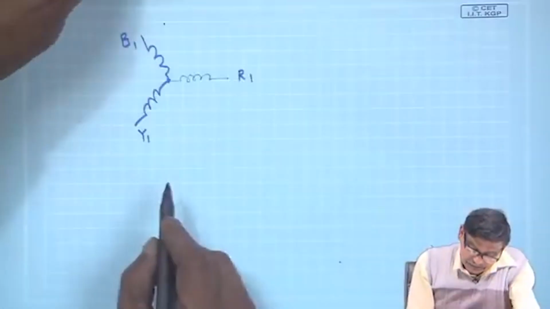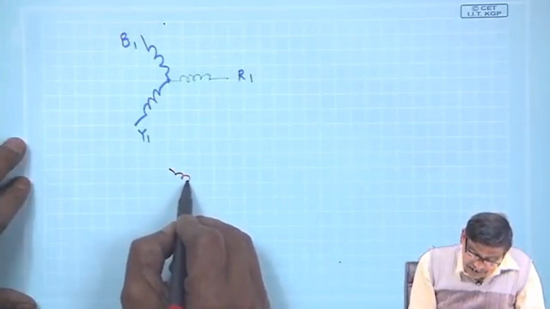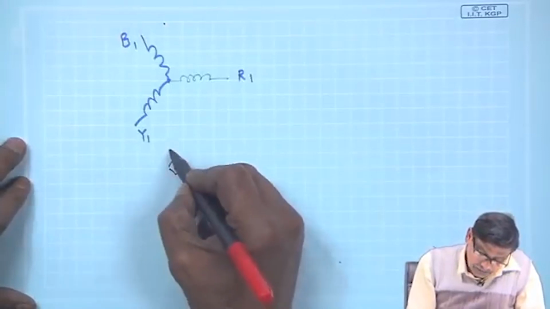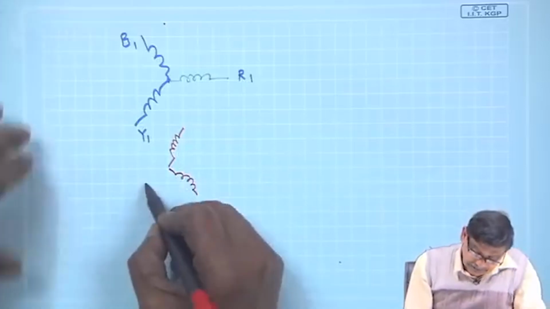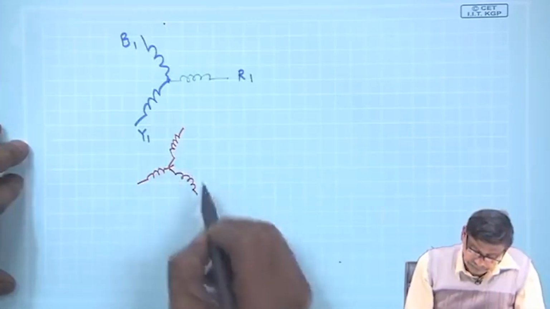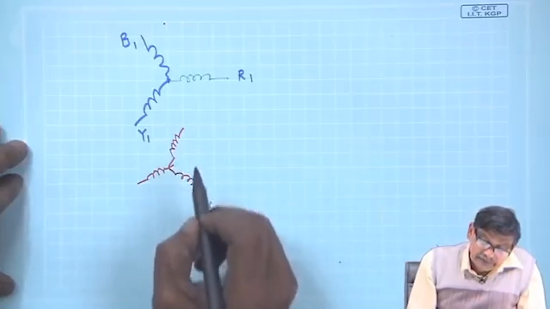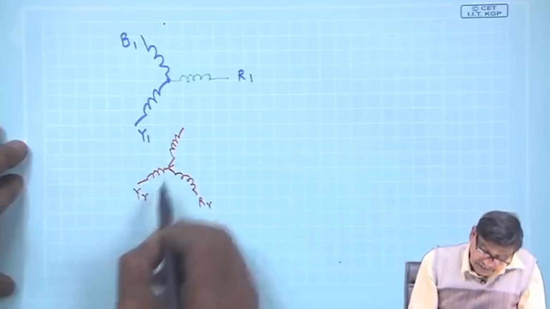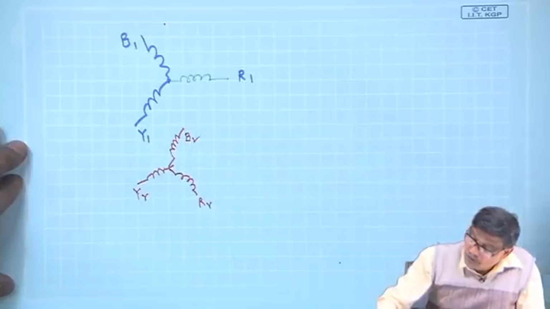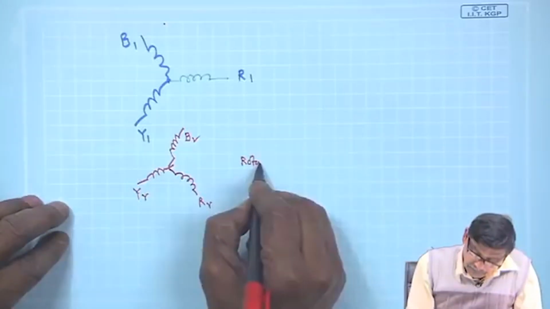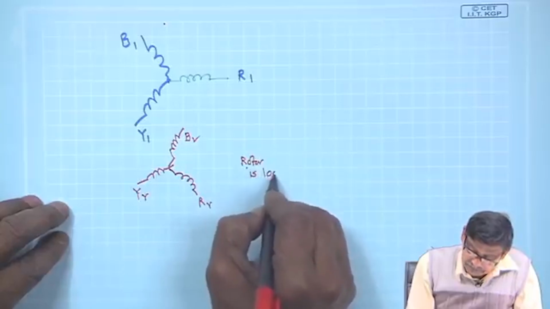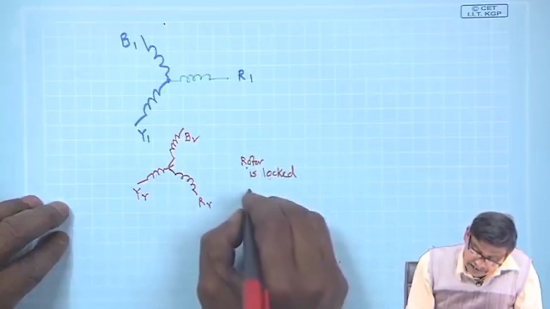The rotor is moved and then locked, it is not allowed to move. This is RR, this is YR and this is BR. Rotor is locked mechanically.